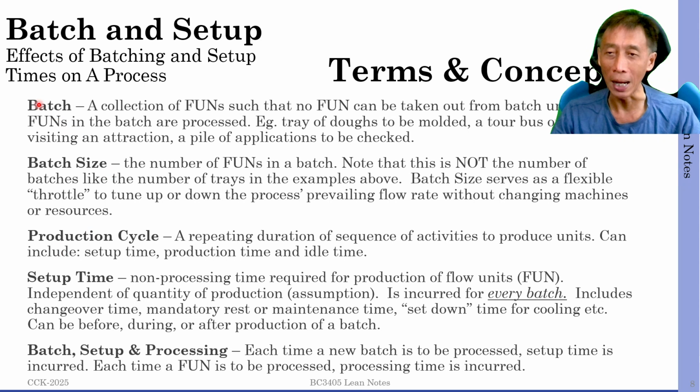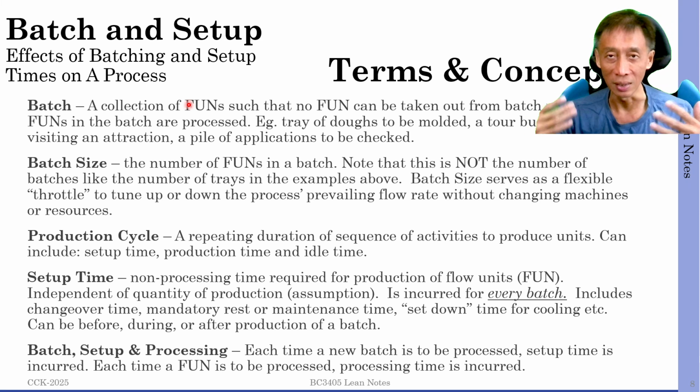So what is batch, first of all? Just to have a common understanding, batch is just a group of flow units. And of course, we are talking about inside a process, meaning a process is a repeated cycle, like until infinity. So if you understand one cycle, one repetition, you basically understand the entire infinite cycles of the process.